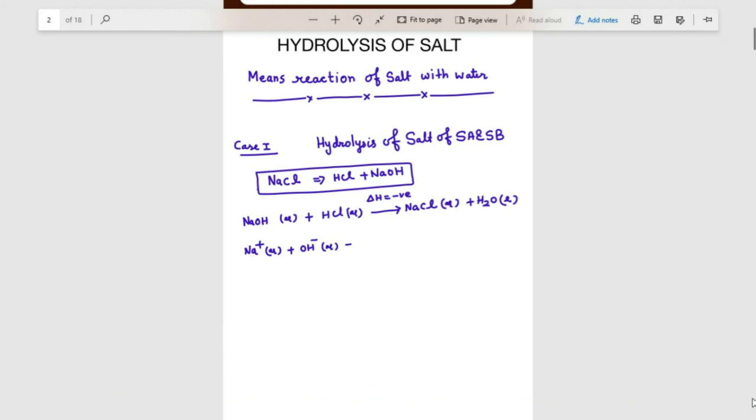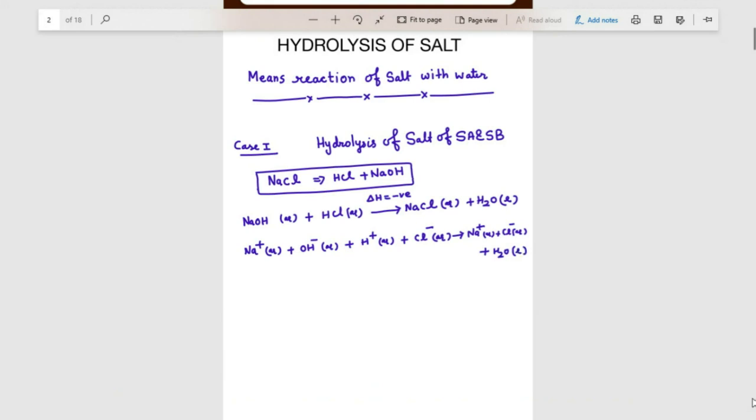HCl is a strong acid, so in the solution it will exist in the form of H plus and Cl minus ion. And if nothing is mentioned about the salts, salts are examples of strong electrolytes, so they are 100% dissociated. So Na plus and Cl minus in aqueous state and H2O in liquid state.